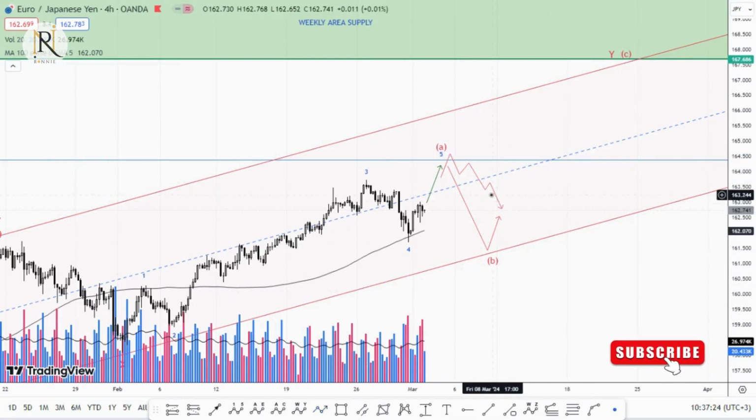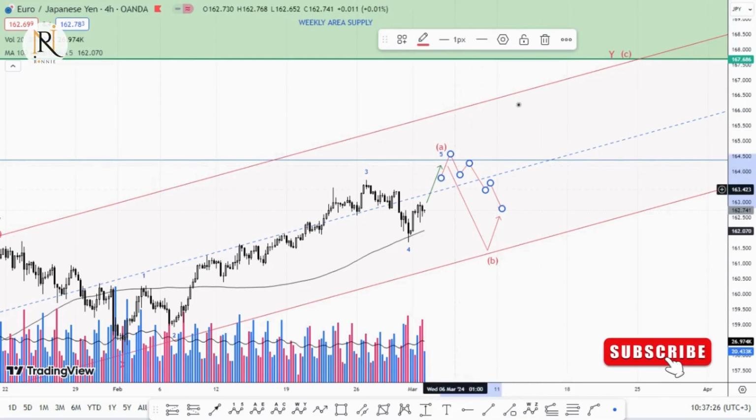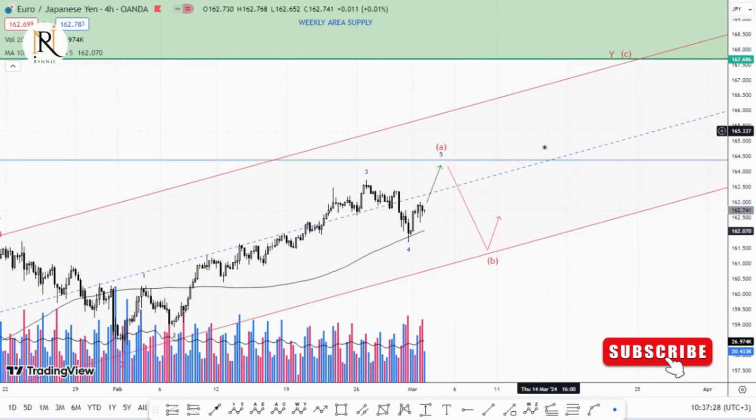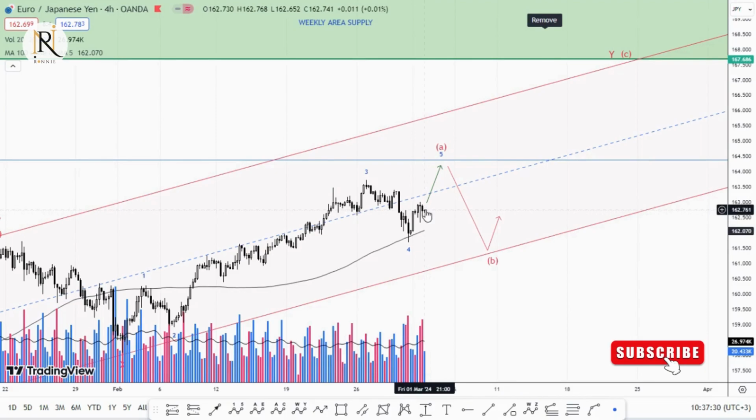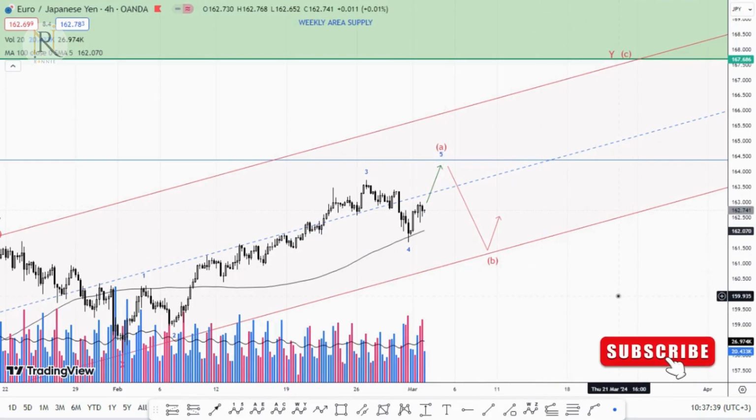Remember, a retracement can be complex, so what we'll be expecting around this point is something we don't know. But for now, what you should be looking at is a bullish position. This is in terms of Elliott Wave analysis, and in terms of Euro JPY.